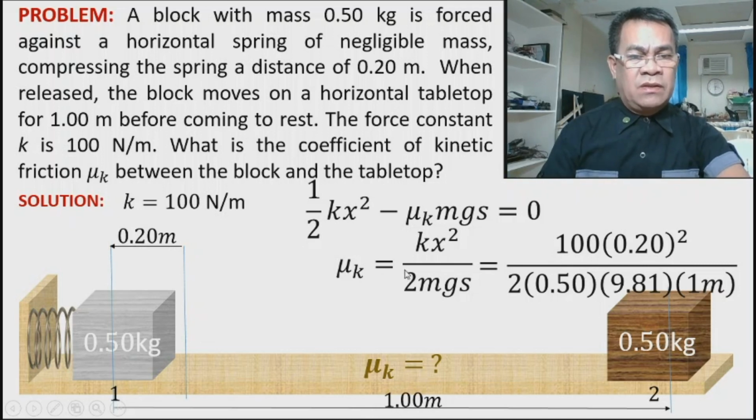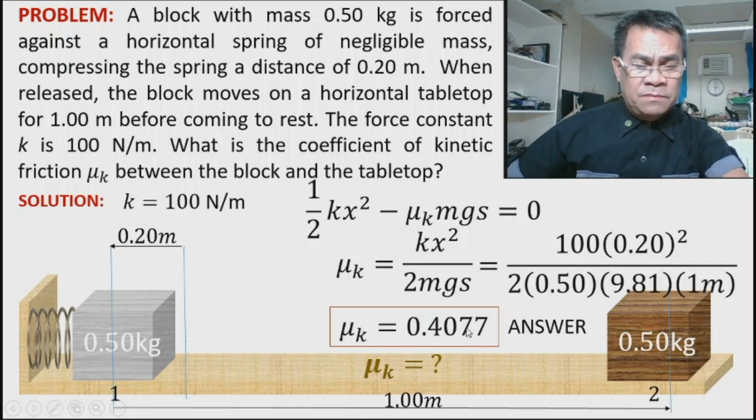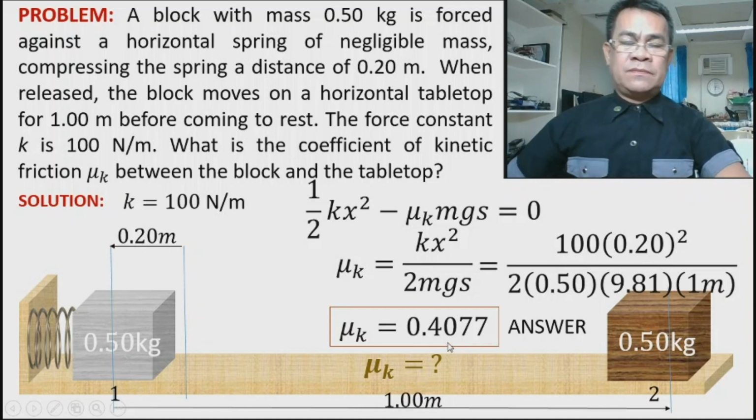So it happens only if the units are consistent. So in this case, the units are consistent because everything is done in SI. So calculate using a calculator. We have the result 0.4077. This is the coefficient of kinetic friction. This is the answer to the problem.